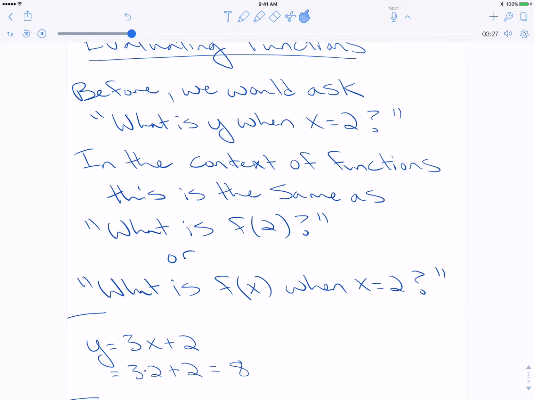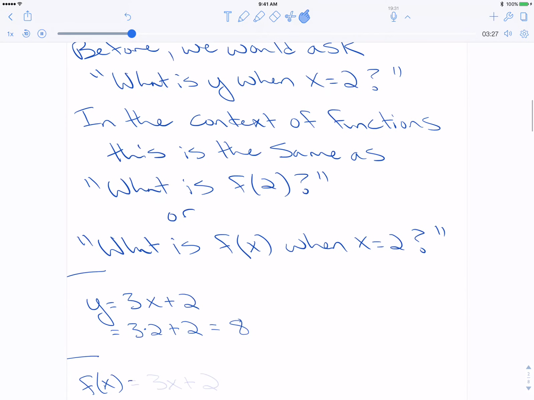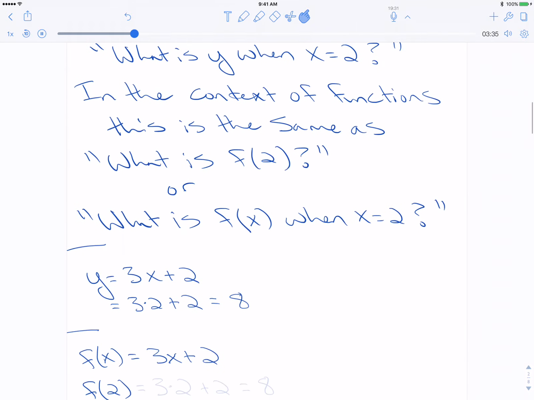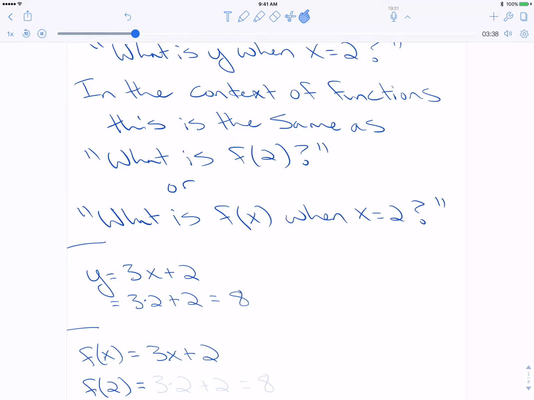If I take f of x, which is also equal to 3x plus 2, I do the same thing. For f of 2, I replace every x with a 2: 3 times 2 plus 2, which simplifies, again, to 8. So we're doing the same thing, you're just changing the notation.